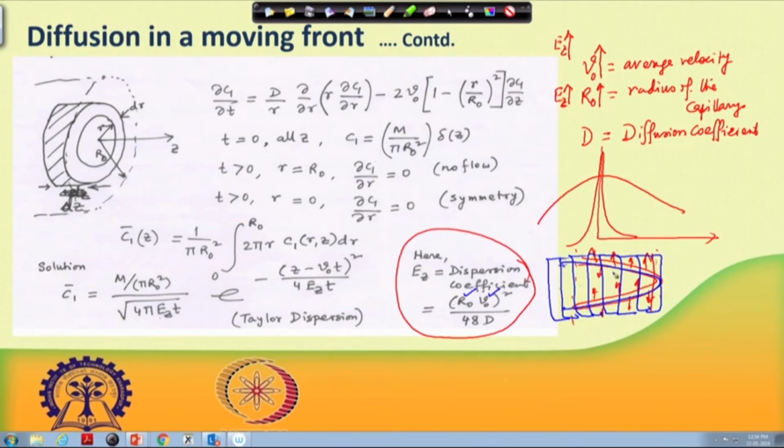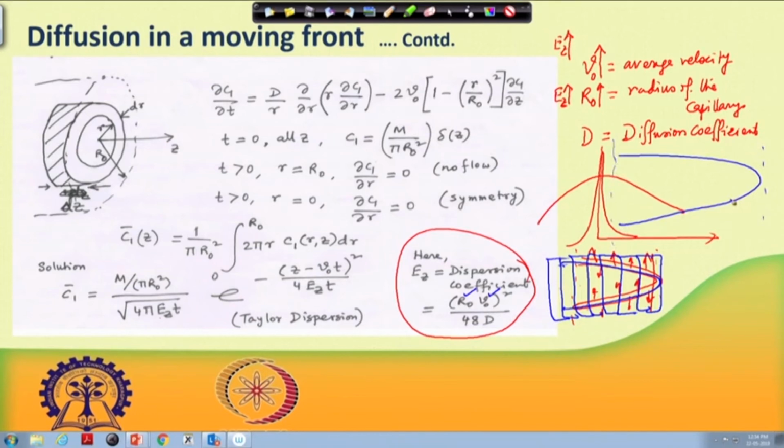So when D is higher, the dispersion is not happening that much, because if the diffusion coefficient is lower, you are stretching it this way and you can continue to stretch, and the footprint would be over a much larger length. Whereas when diffusion happens, this slug gets contained within a shorter distance. So the footprint would be smaller. So these are very unique dependencies.